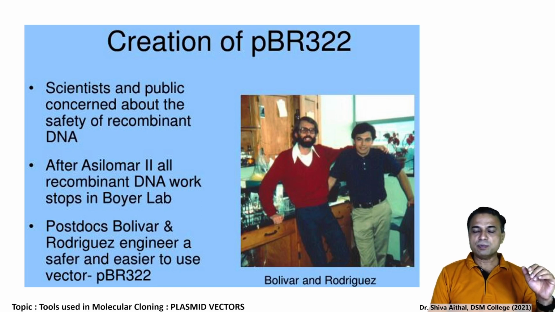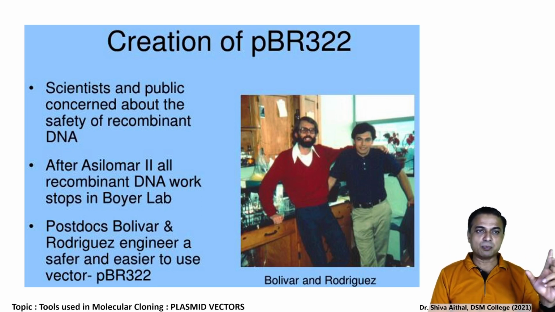The creation of pBR322 was done by Bolivar and Rodriguez, the two scientist friends for whom the B and R stand. The small p denotes a plasmid, and when the vector name starts with a small p, you should understand it is a plasmid which is artificially designed in some laboratory. As I gave you the example, pUC was designed at the University of California.